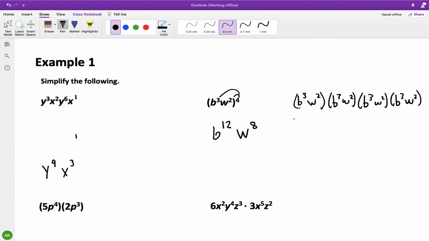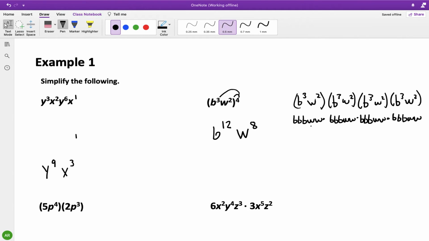That means that we have b b b times w w times b b b times w w times b b b times w w times b b b times w w. Now at this point, the dots indicating multiplication are just kind of a formality, because all this is multiplied.